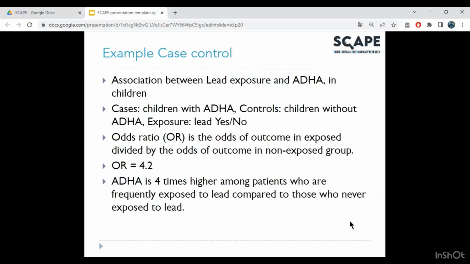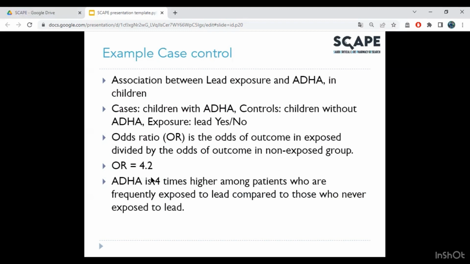The cases are children with ADHA, while the controls are children without ADHA, and the exposure is whether they were exposed to lead, yes or no. And here we estimate something called the odds ratio, and the odds ratio is the odds of the outcome in exposed divided by the odds of the outcome in the non-exposed group. It happens to be 4.2 here in this study.